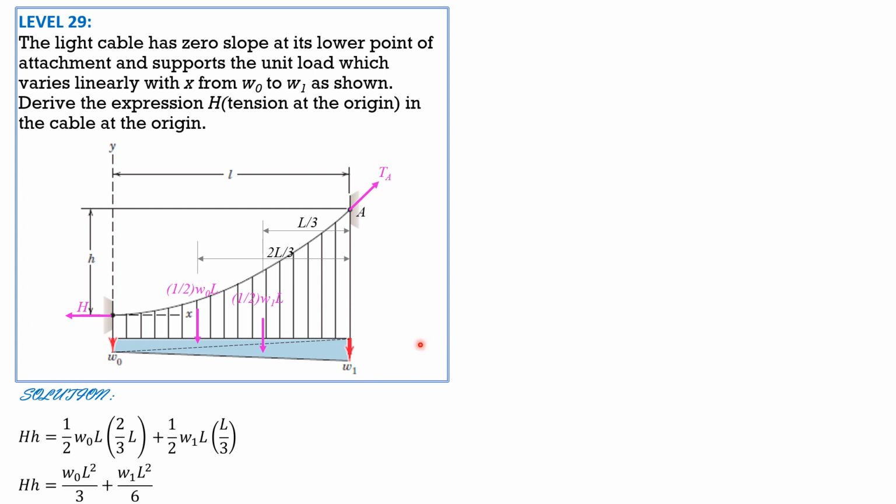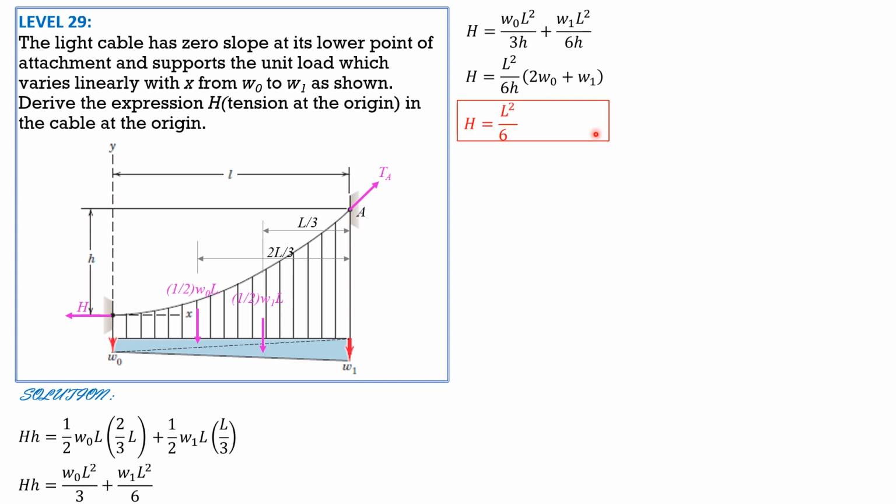Dividing everything by small h, big H equals W0 L squared over 3h plus W1 L squared over 6h. Then factoring out L squared over 6h times 2W0 plus W1. So that's the expression for H.